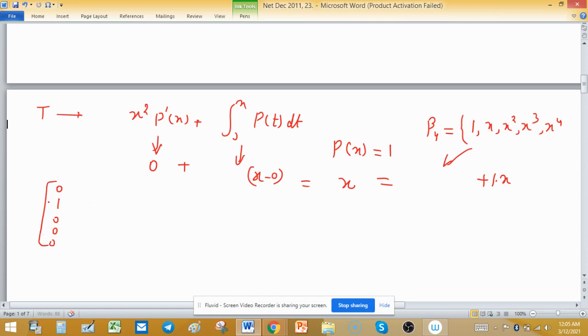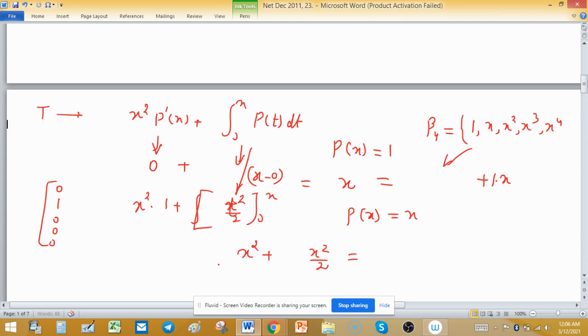This is 5 rows. Now consider p(x) is x, then its derivative will be 1. So x square into 1 plus the integration of this one, which is t square by 2, with limits 0 to x. The value we obtained is x square by 2.